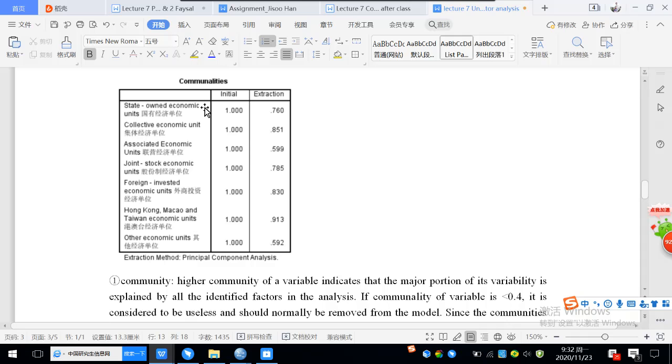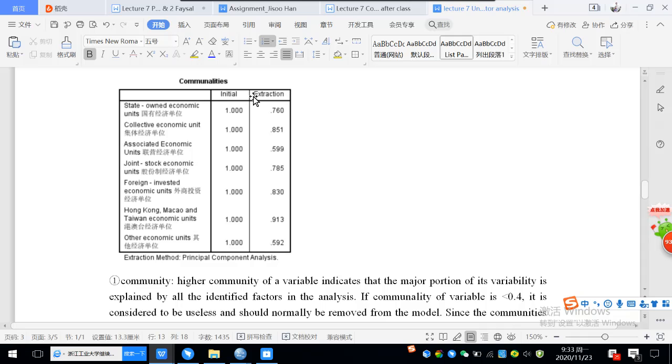Okay, look at here, 7 variables. Think about the initial variable, which is 1. Initial means this variable includes 100% of its information. Here, on the right is the extraction.